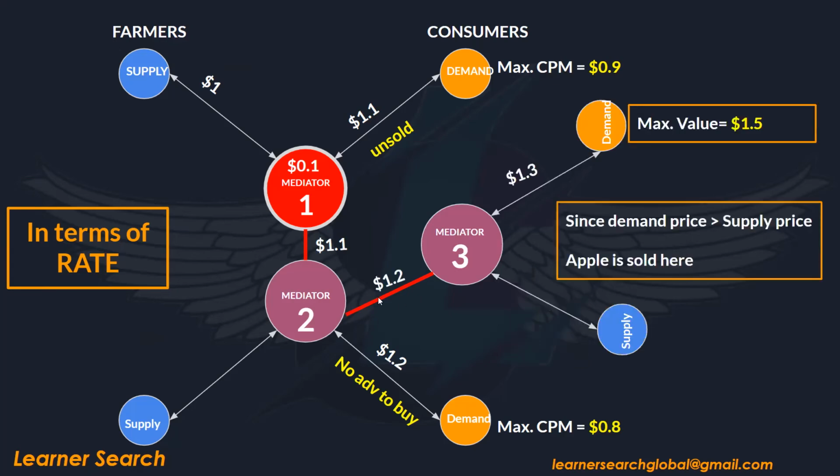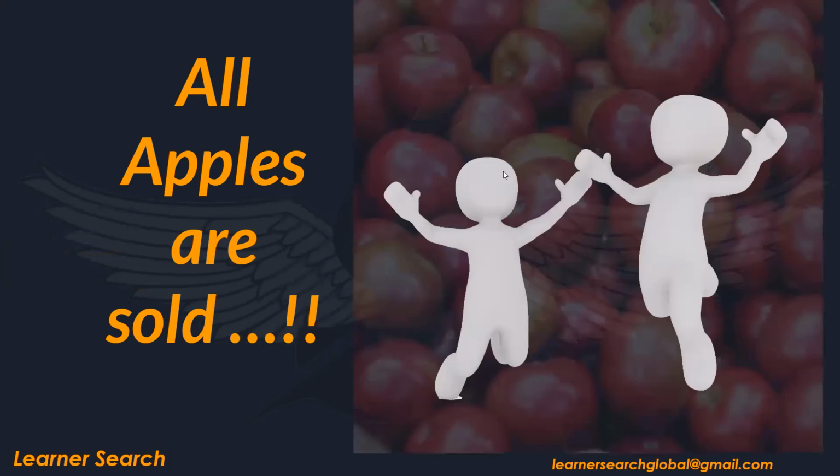Likewise, finally, whatever the demand mediator 3 has, they have only 1.5, which is the maximum value, which is more than the supply rate. Definitely he will try to purchase that. Since the demand price is high and the supply price is less, the apple is sold here.